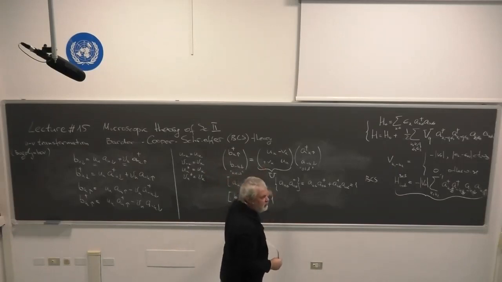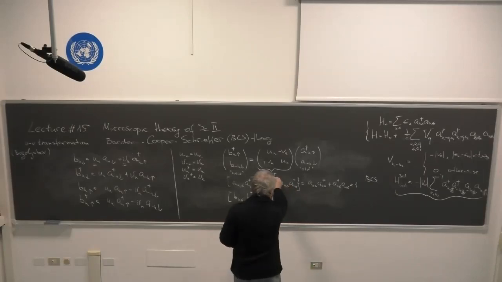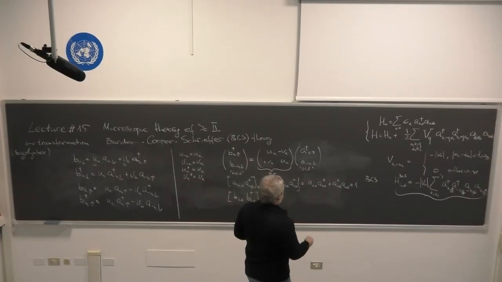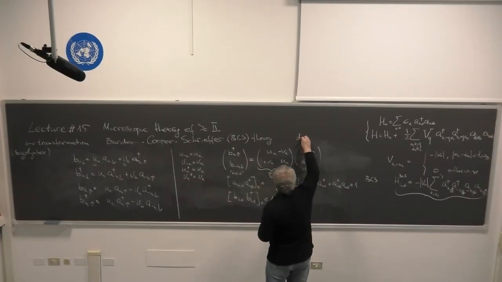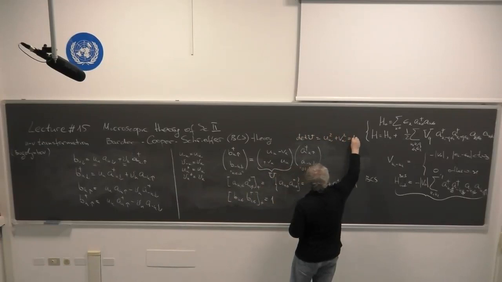This is what I did. Plug it into the commutation relations. This is what I did for the bosons. And then I will find a condition on the elements of matrix U in a very similar way as I did for bosons. The condition tells me that the determinant of U, which is u_k squared plus v_k squared, should be equal to 1.